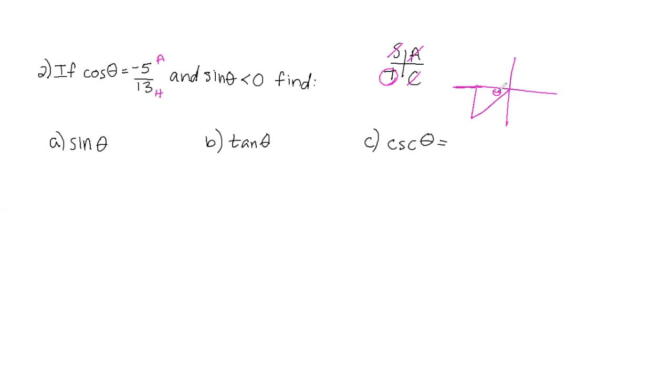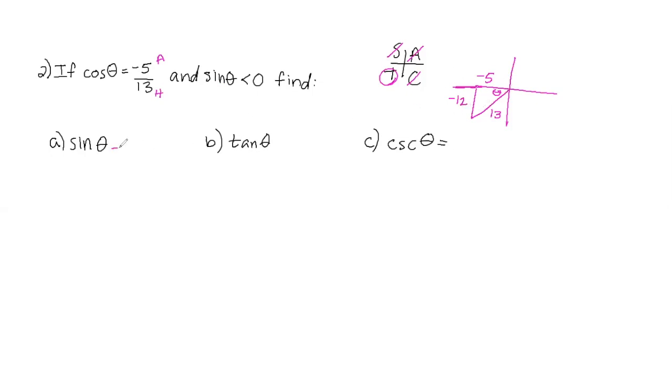So the adjacent side next to theta is going to be 5, and the hypotenuse side is going to be 13. I know that this is a Pythagorean triplet, so this opposite side must be 12. Since this is a left distance from the origin, this is going to be negative, this is negative, my hypotenuse always stays positive. So now when I find sine, tan, and cosecant, I can find each of those using my little diagram that I've now created.